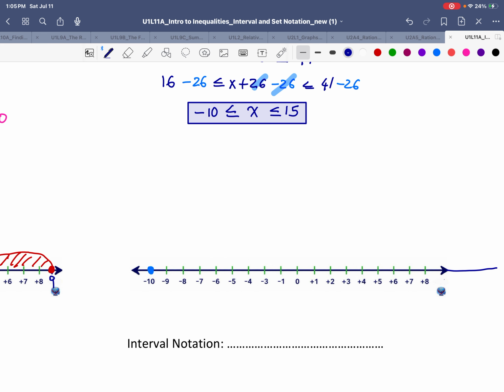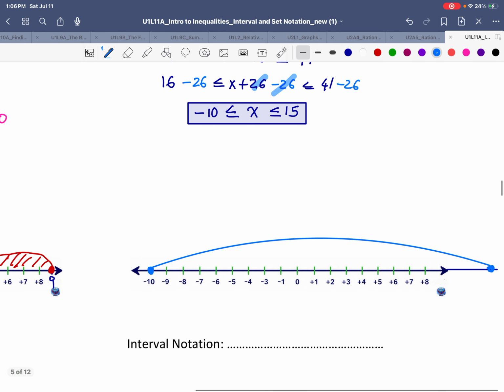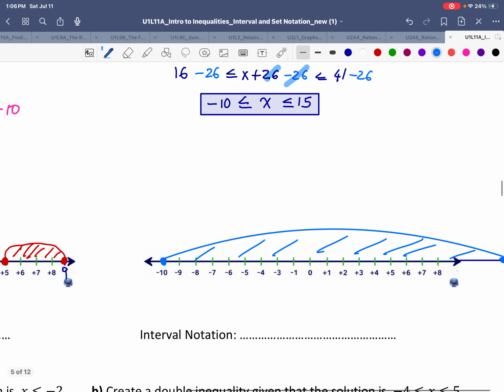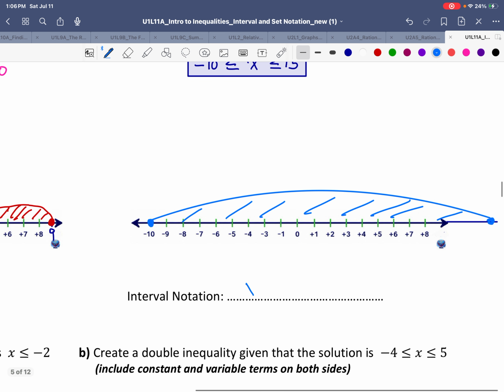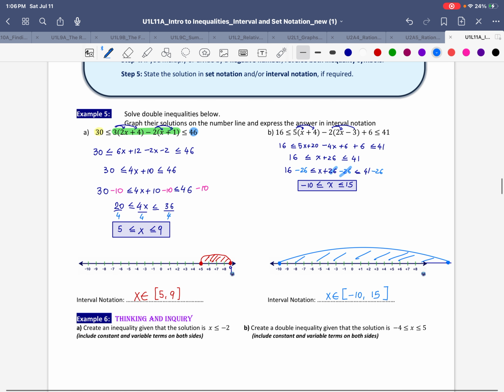Let's suppose that this is our 15. All the solutions to this inequality will be in between these numbers. That's how you would graph it. And in interval notation, we're going to say that x belongs to the interval from negative 10 to positive 15. We want both of them, and that's why we're going to give them square brackets.